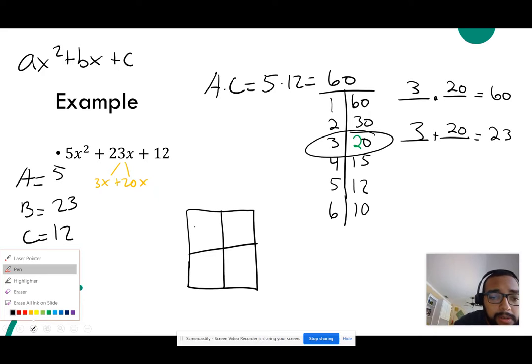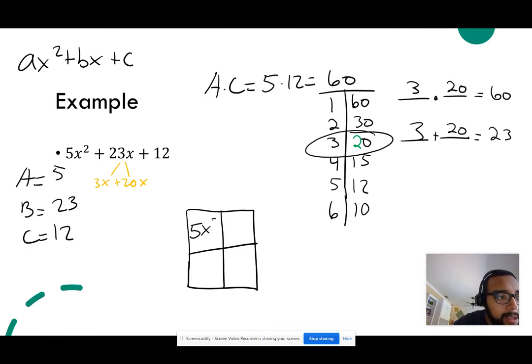We're going to write all the individual terms within this box. So the first term is 5x squared. Last term is 12, and do not put the 23 in there because we are breaking up the 23 as a 3x and as a 20x. So again, break it up as 2 separate terms.